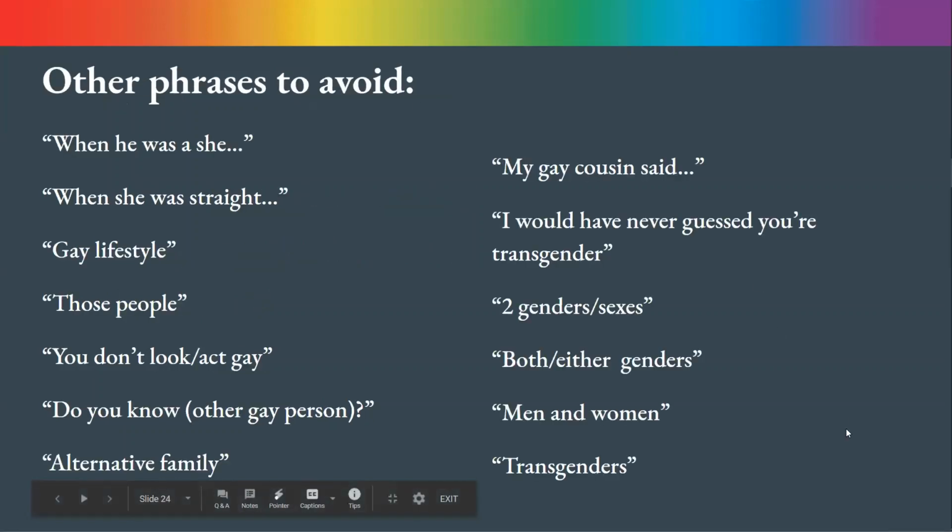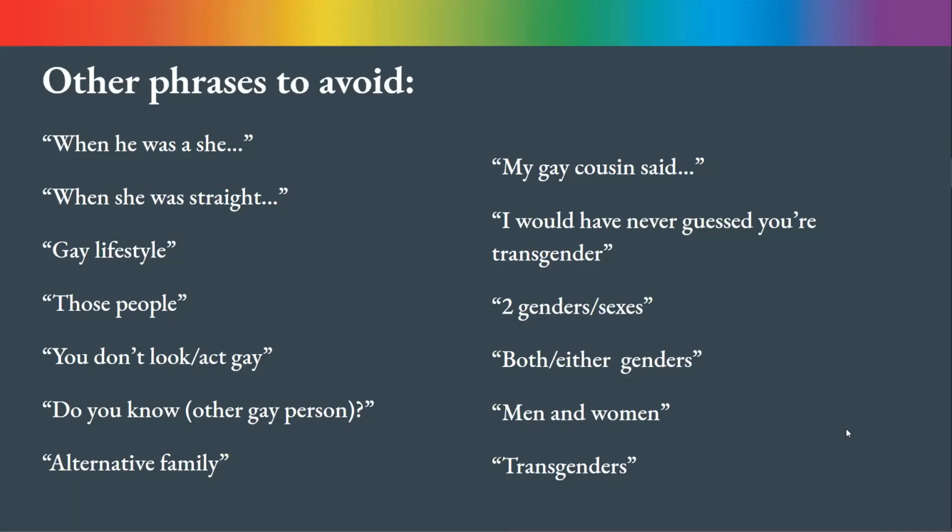Other phrases to avoid: when he was a she, when she was straight, the gay lifestyle, those people, you don't look or act gay, do you know any other gay people, alternative family, my gay cousin said, I would never guess you're transgender, 2 genders/sexes, both/either genders, man and woman, transgenders.